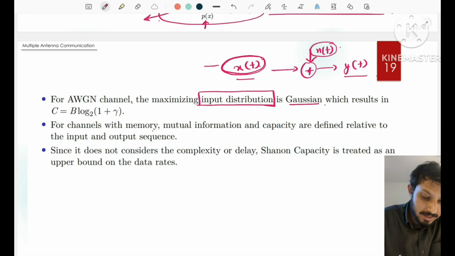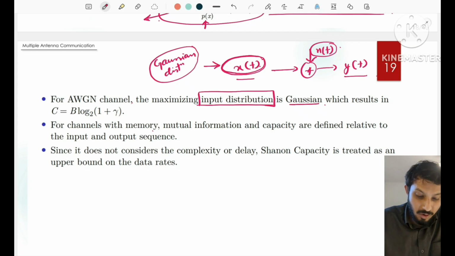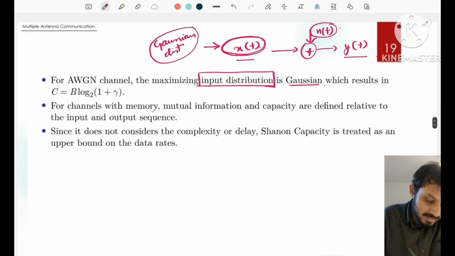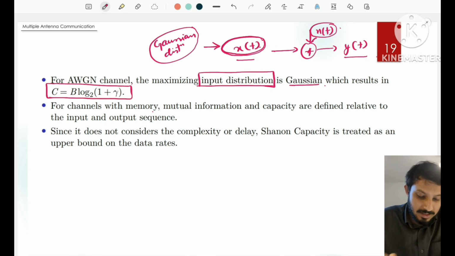And we have seen that the input distribution is Gaussian distribution, and if the input is Gaussian, then the capacity or mutual information is maximum. And this results in capacity is equal to B log2 of 1 plus gamma.